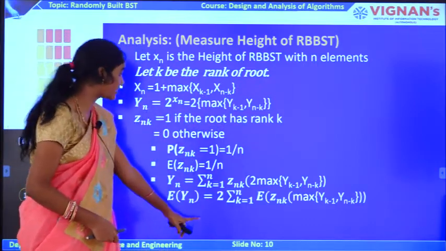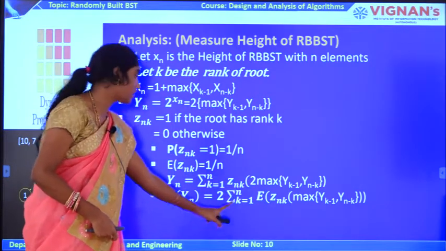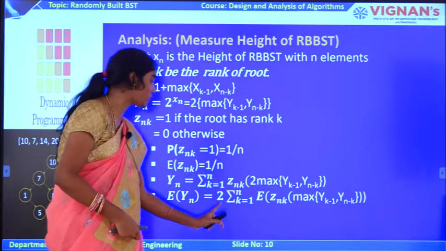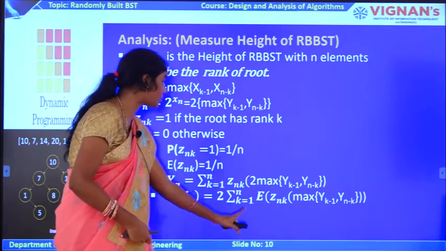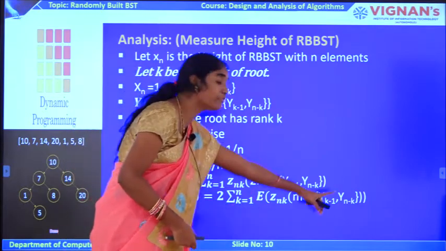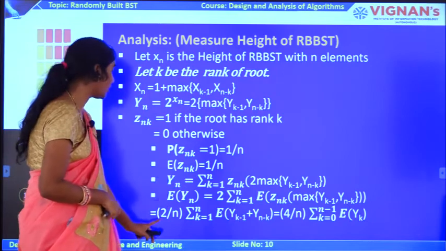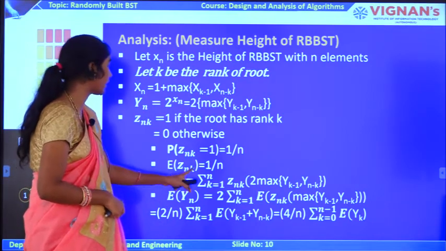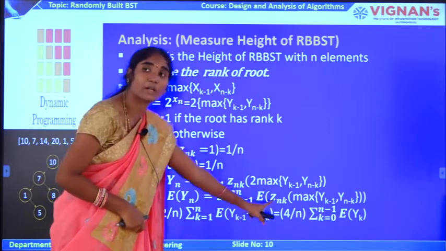Now E of Yn: if I take the 2 to the leftmost side and apply the summation to the remaining expression, the summation from k equal to 1 to n of the expectation of the remaining terms, this is equivalent to 2 by n. Why? Because Znk is equal to 1 by n, so I substitute Znk equal to 1 by n in this equation.